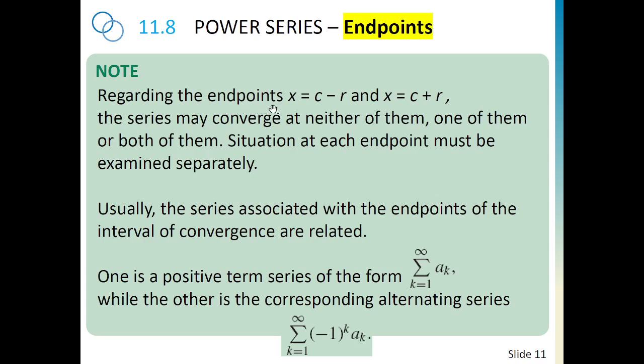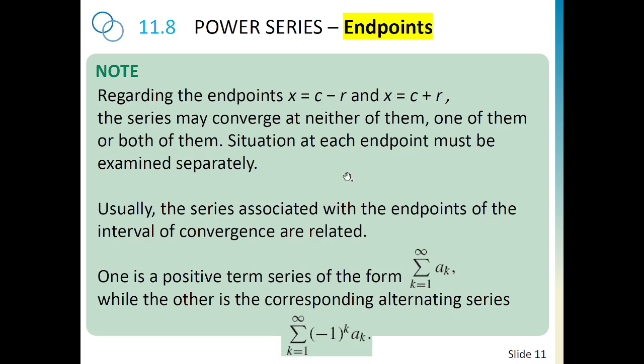Now the only part that we need to do an extra work is the end point, because maybe when we plug x equal to the left end point, maybe series is convergent, maybe not. We will see. And also if we plug x equal to the right end point, maybe series is convergent, maybe not.